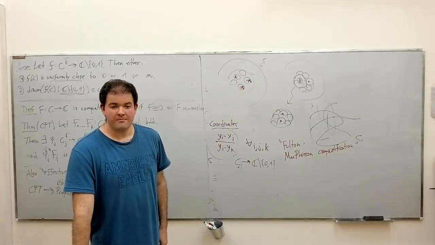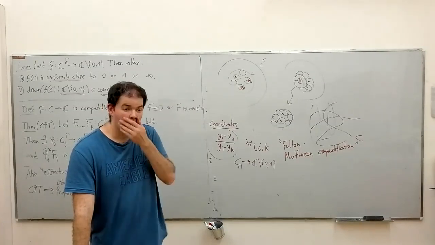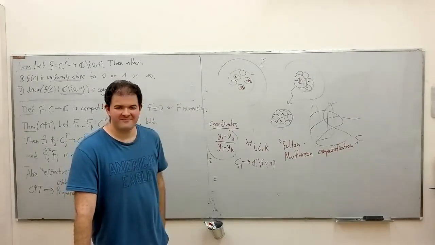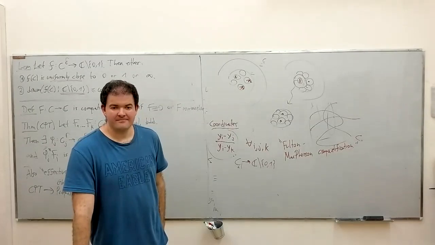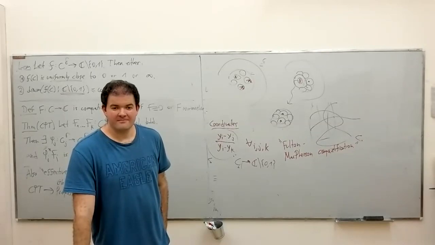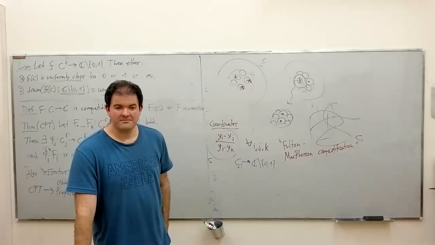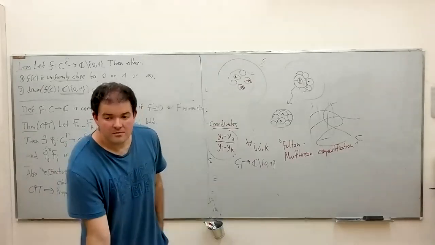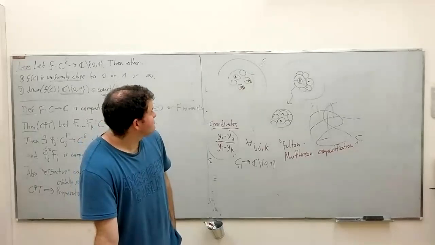Other questions or comments? I have a question, not very important, but why not? Say you have a fixed arrangement of these points and you want to have this cell decomposition.